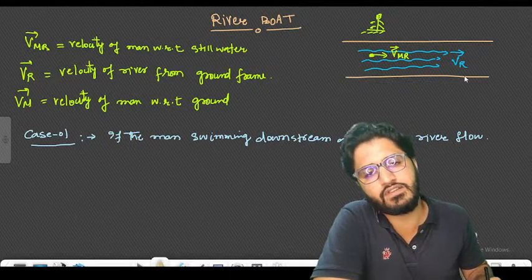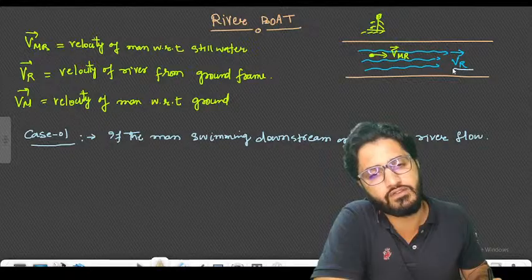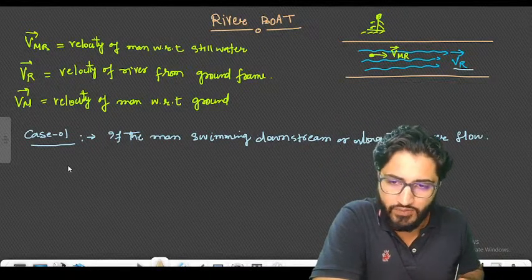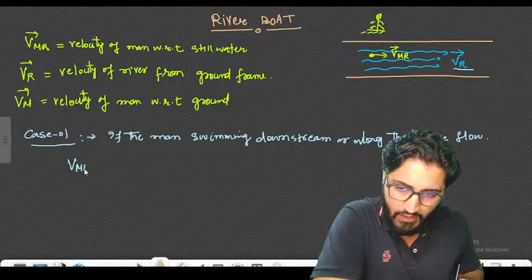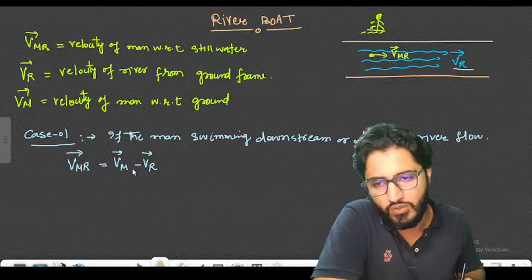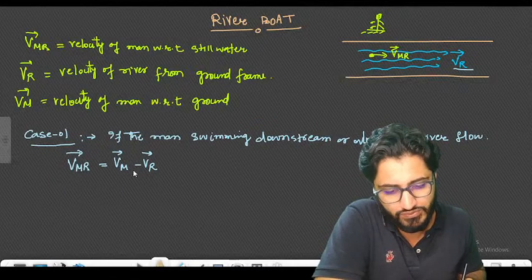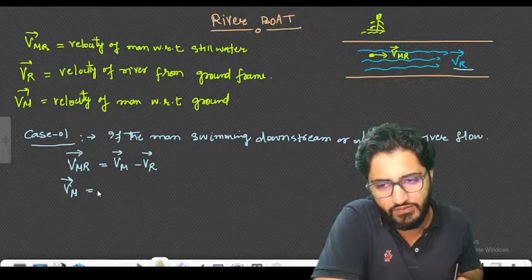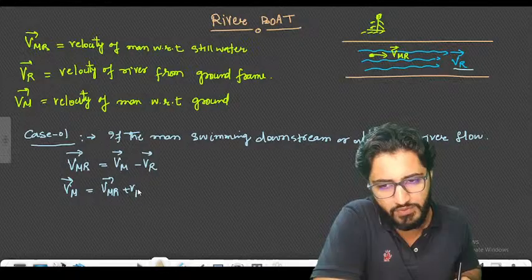That means the velocity direction of the river and of that person is the same. So you will write VMR, velocity of man in still water, equals velocity of man minus velocity of river, because both are going in the same direction. So velocity of man with respect to ground will be velocity of man in still water plus velocity of the river.